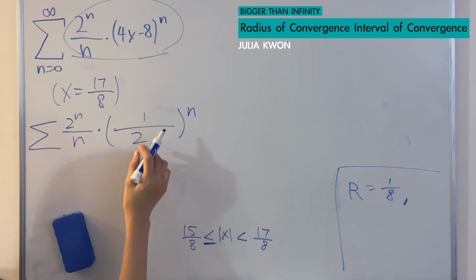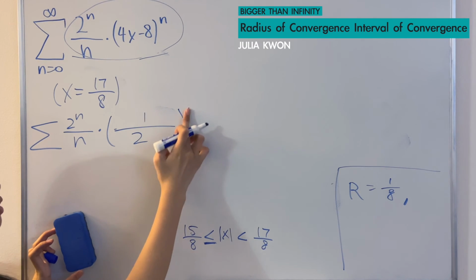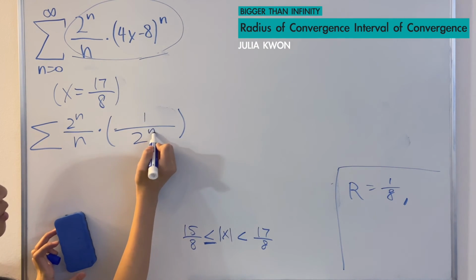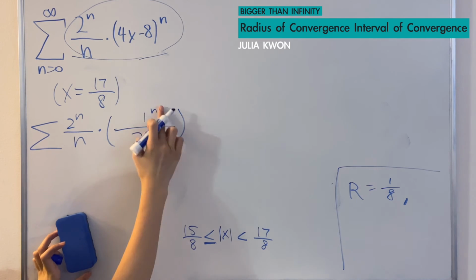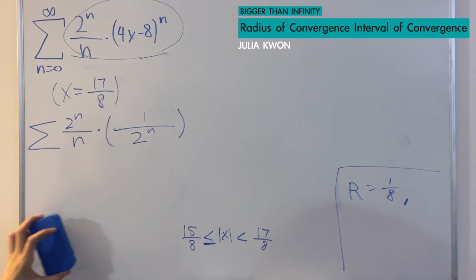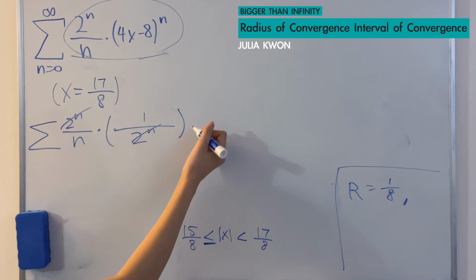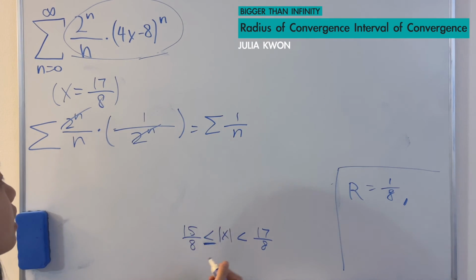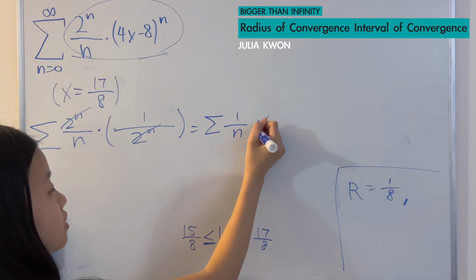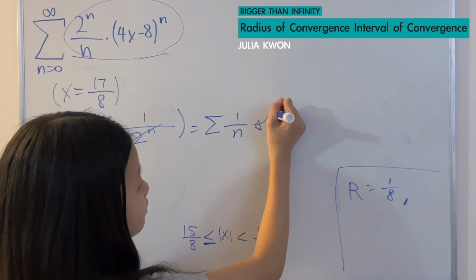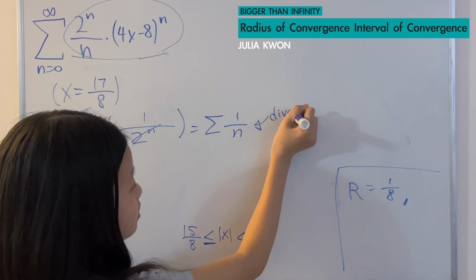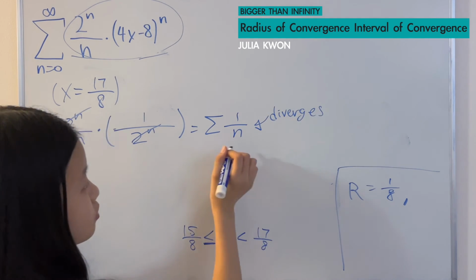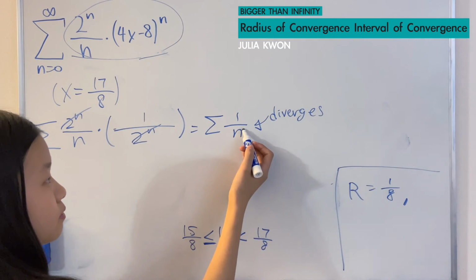1 to the power of anything is just 1, so we can just move the n to here. And these two cancel out, and we'll just be left with the harmonic series 1 divided by n. We all know that this series diverges, since this is a p series and p is equal to 1.